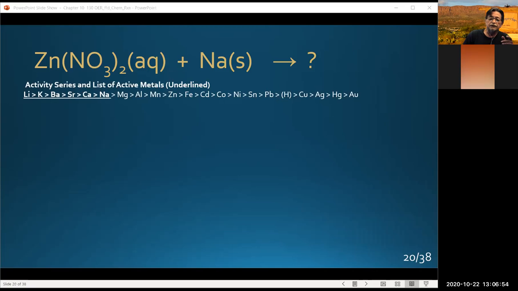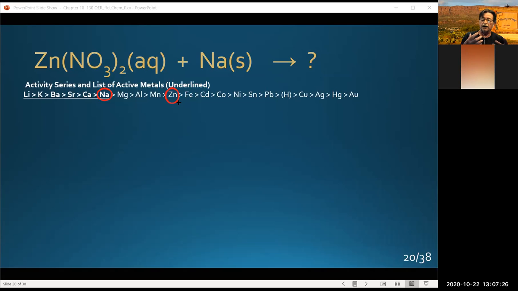We use the activity series, which you find on the periodic table. We can see here that sodium is in this position and zinc is in this position, which tells you that sodium is much more reactive than zinc. Then the second question is, once you determine which is the most reactive, in this case sodium, is sodium in a compound form?